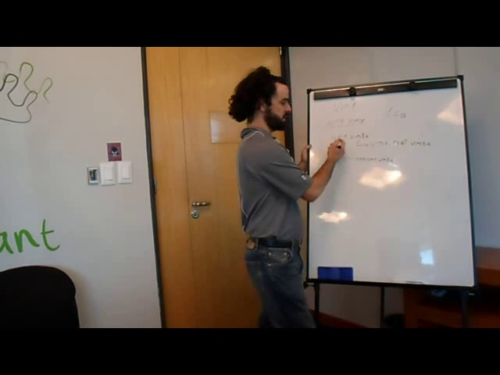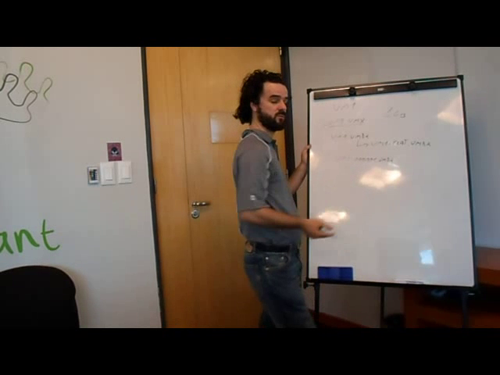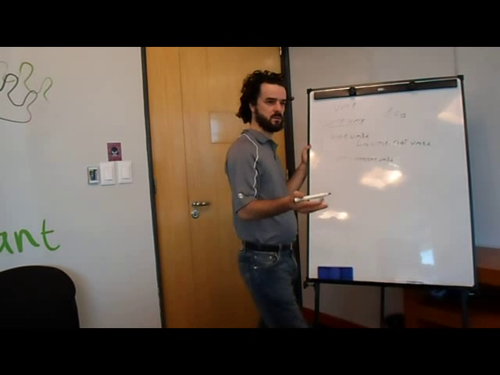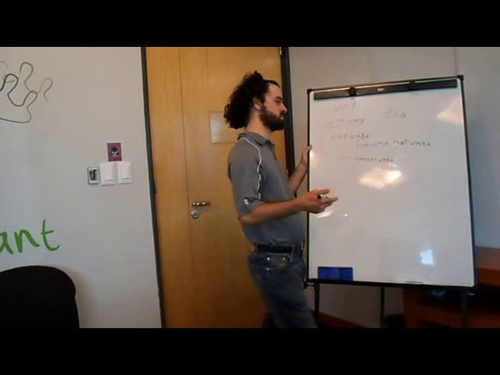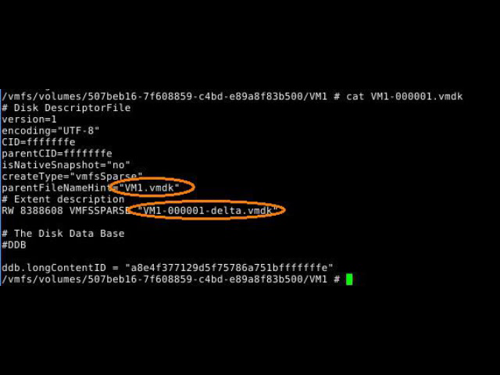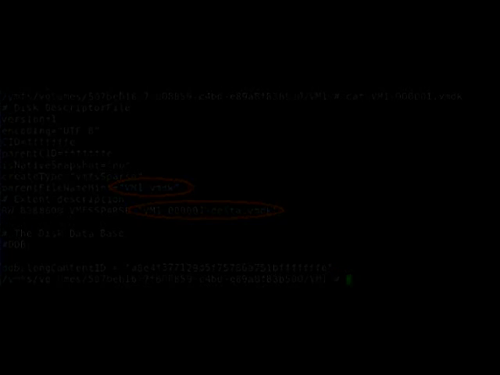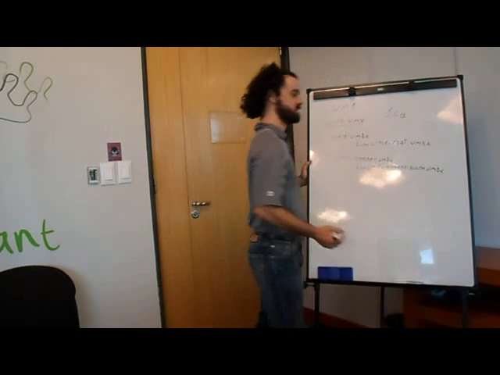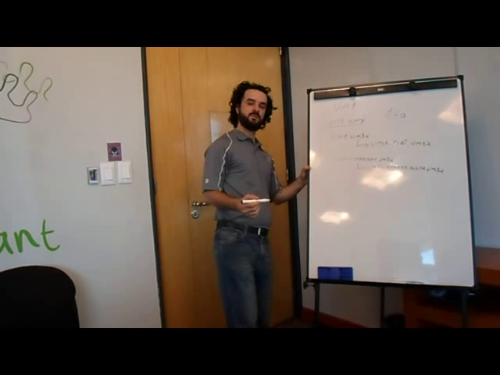This is a file descriptor like VM1.vmdk. It has information on what time the snapshot was taken and who the parent is, the original disk of the virtual machine. And this file points inside to another file named VM1-00001-delta.vmdk. This delta file is what we call a redo file.